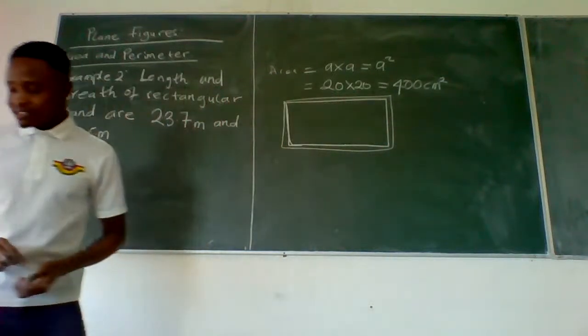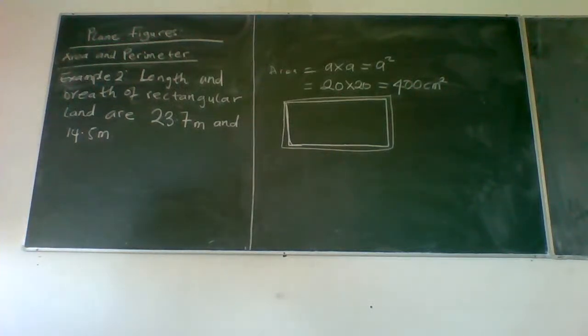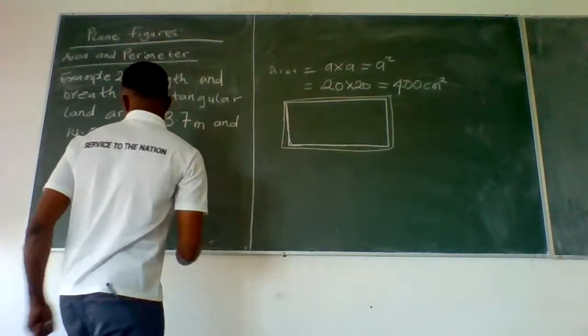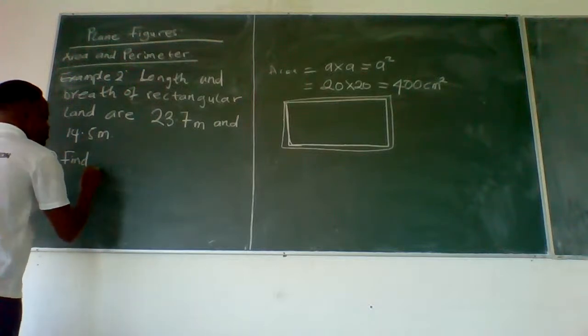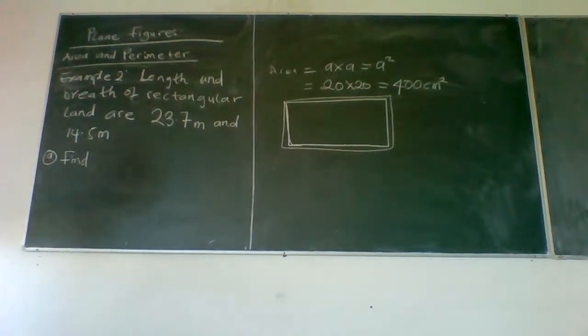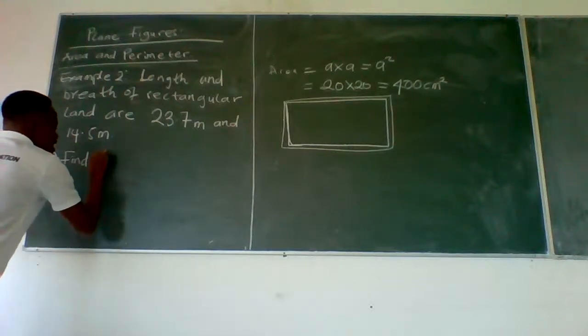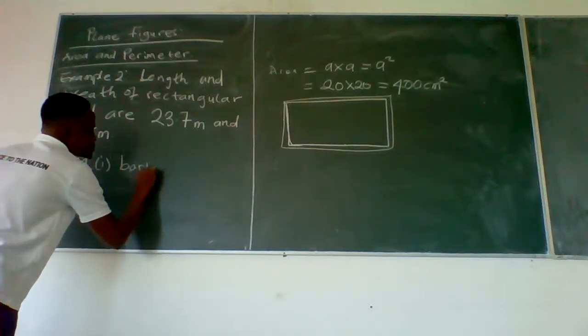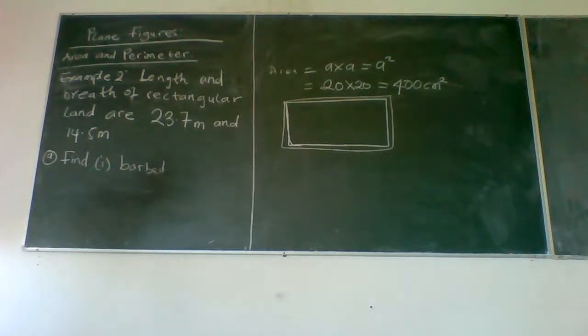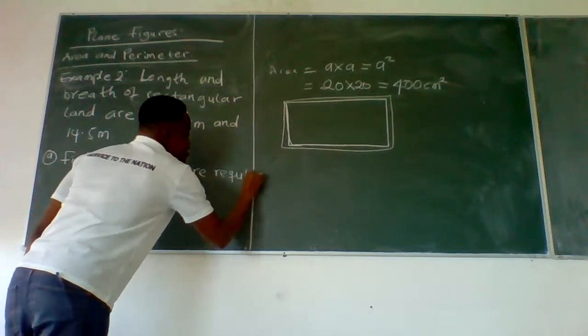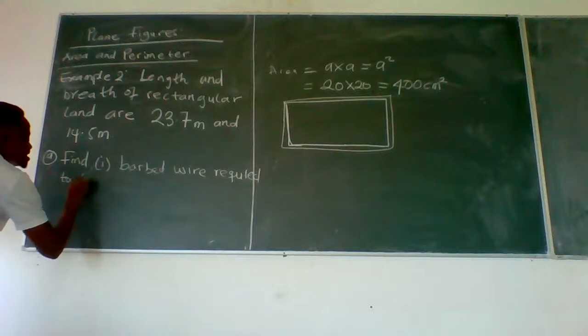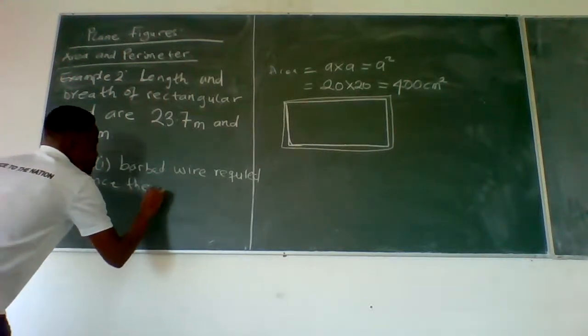So the first question is, find the barbed wire required to fence the field. So first of all, you have to tell your mom the length of the barbed wire. Find the barbed wire required to fence the entire plot.